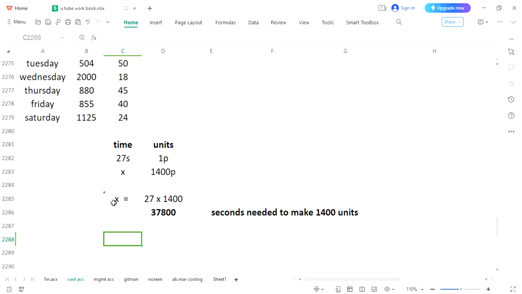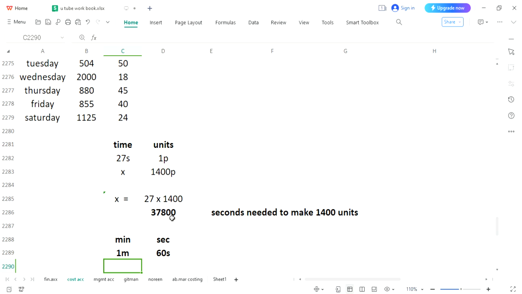As we know, in 1 minute, how many seconds do we have? 1 minute has 60 seconds.